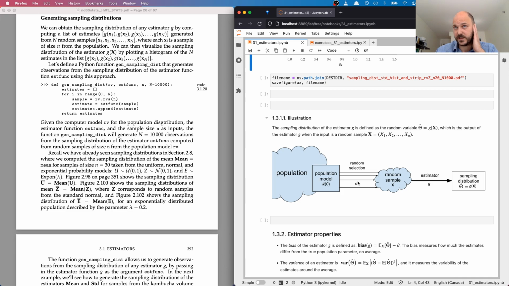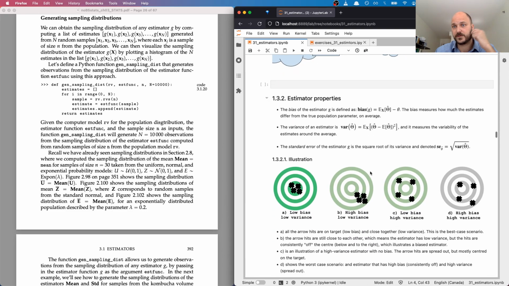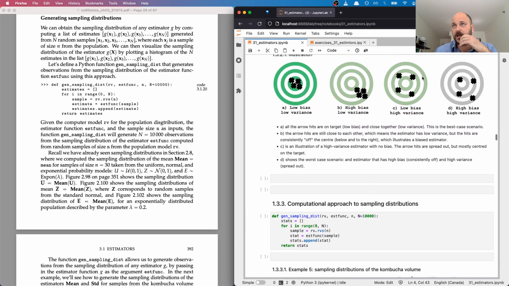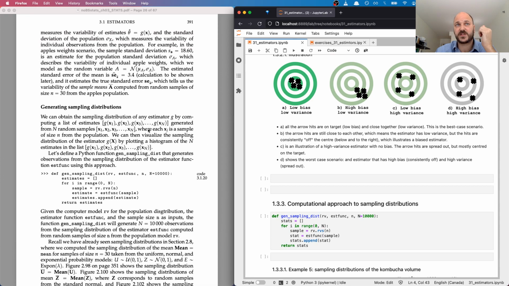Up until now, we talked about the sampling distribution as a mathematical definition, and that's one way to look at it. But the beauty of having Python on our side is that any quantity, like the concept of a sampling distribution, we can actually simulate it. How we're going to simulate it, as we saw earlier, is generate thousands of samples. And we can compute the estimates from each of the samples we generate.